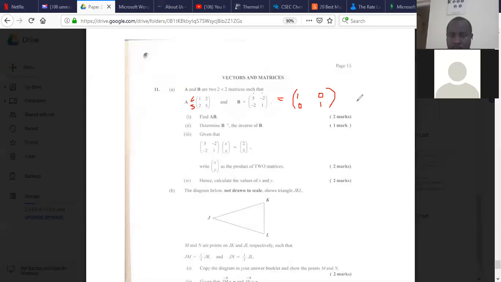Starting at shoes, 2 times 5 is 10, and 5 times negative 2. The third entry is 2 times 5 plus 5 times negative 2, which gives you 0. And then the next entry.